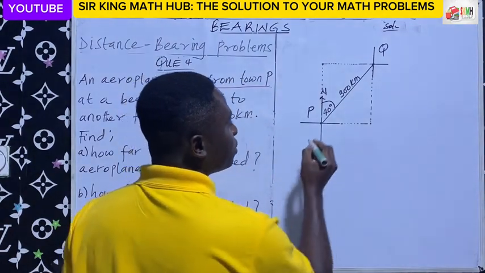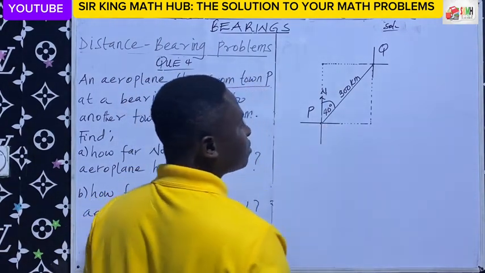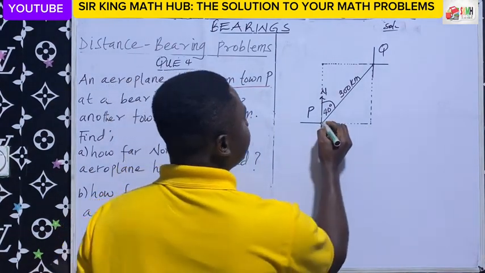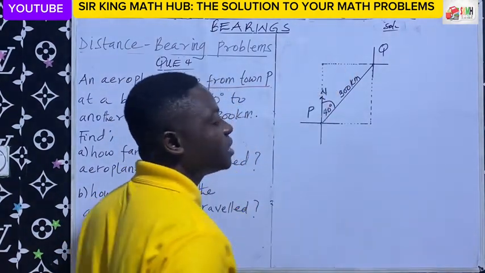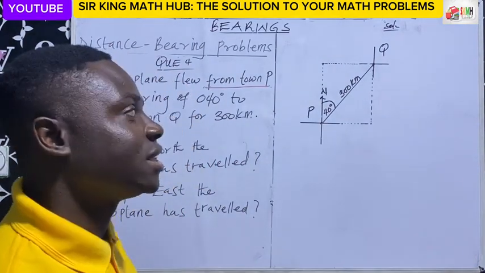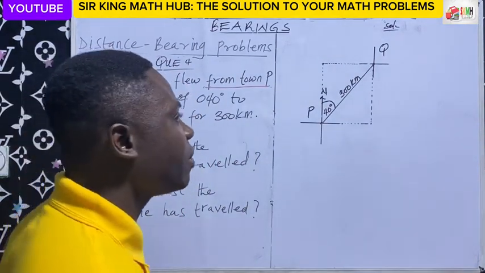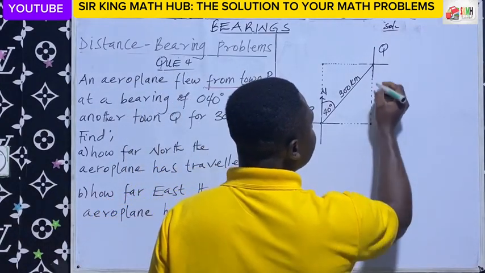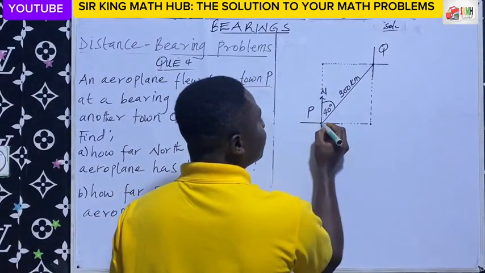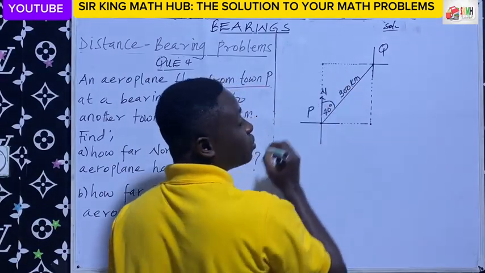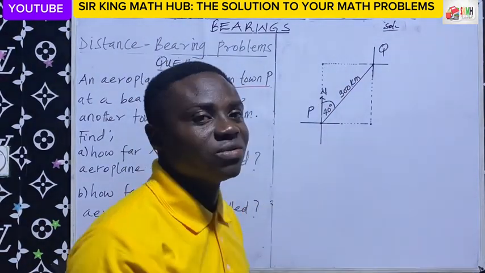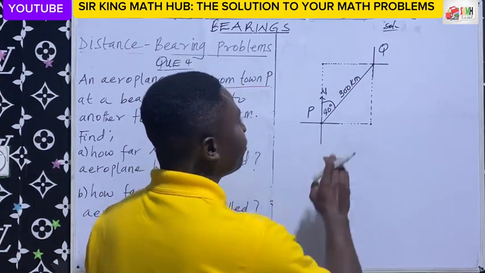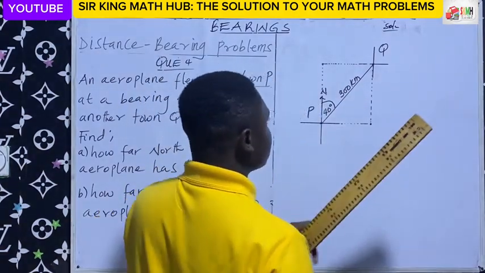From here to this point represents how far north it has traveled. But again, for how far north it has traveled, the distance from this point to this point is also the same as the distance from P to this point. So you have to decide how to draw your diagram. In my case, I prefer to draw it this way.